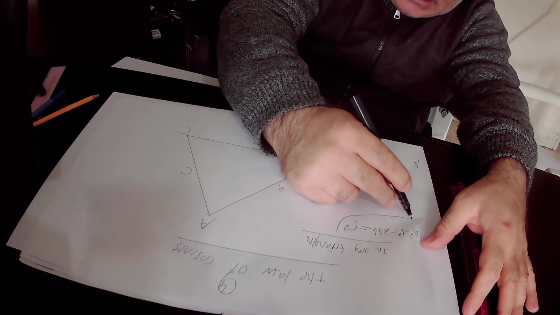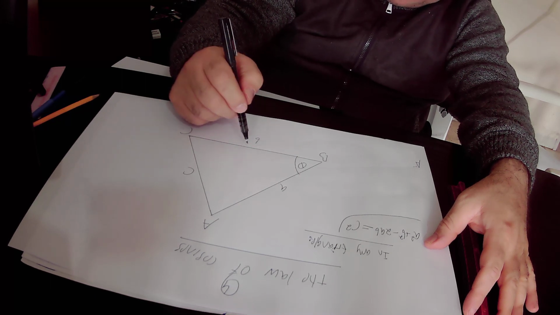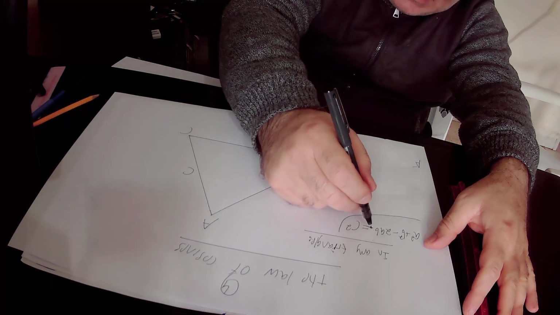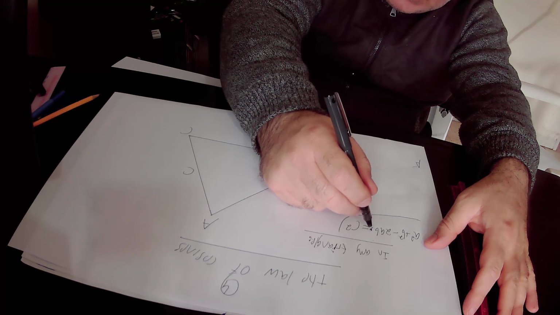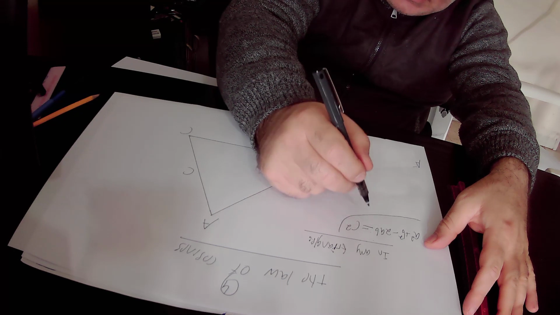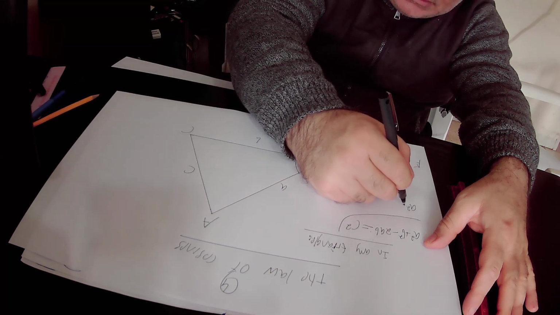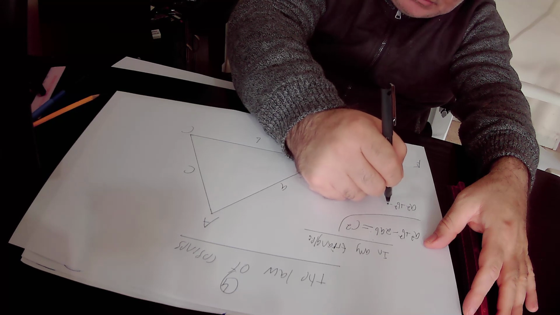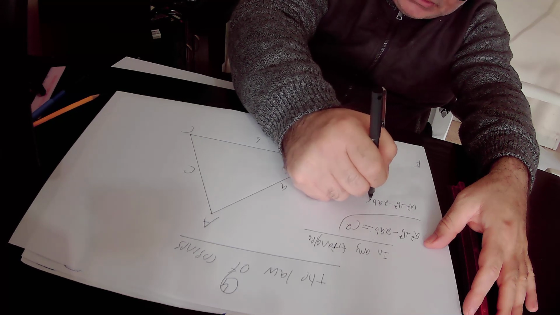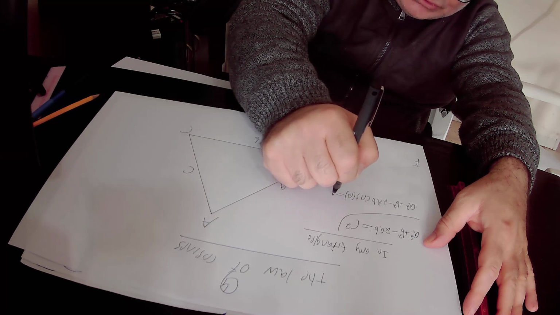I'll write it again. A squared plus B squared minus 2 times AB cosine theta equals C squared.